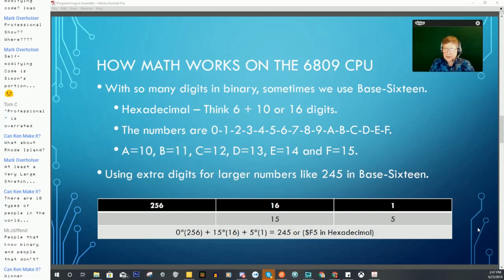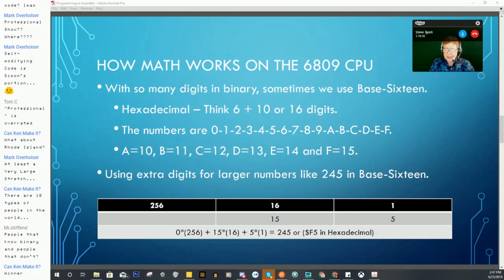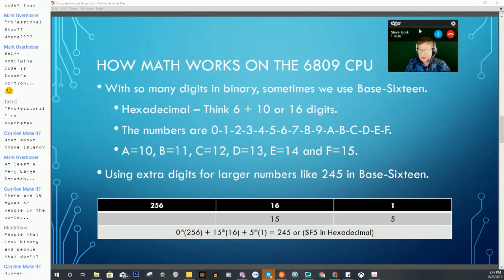Think of it as hex being 6 and decimal being 10, or 16 digits, because that's what hexadecimal is. It still has what you're familiar with in base 10, which is 0 through 9. And then they got really creative and came up with A, B, C, D, E, F to represent the extra numbers in hexadecimal. As you can see, computer people are really creative.